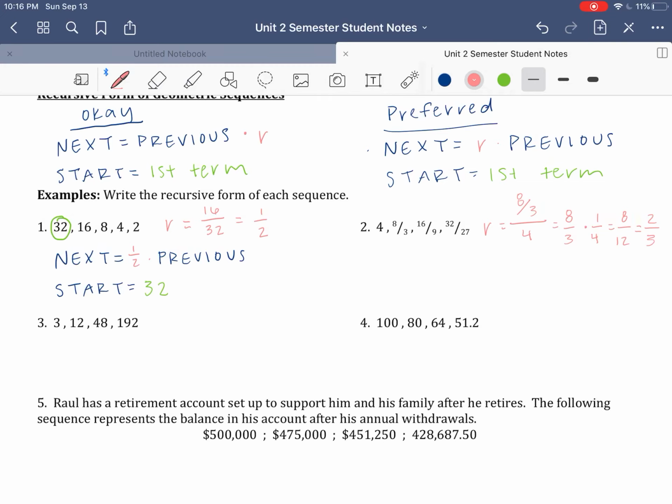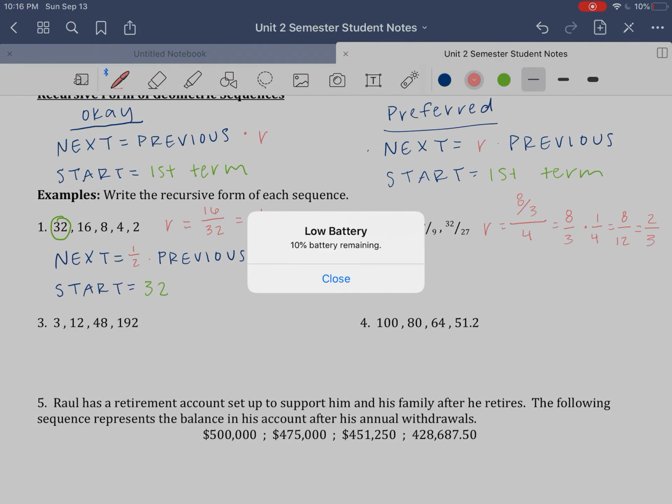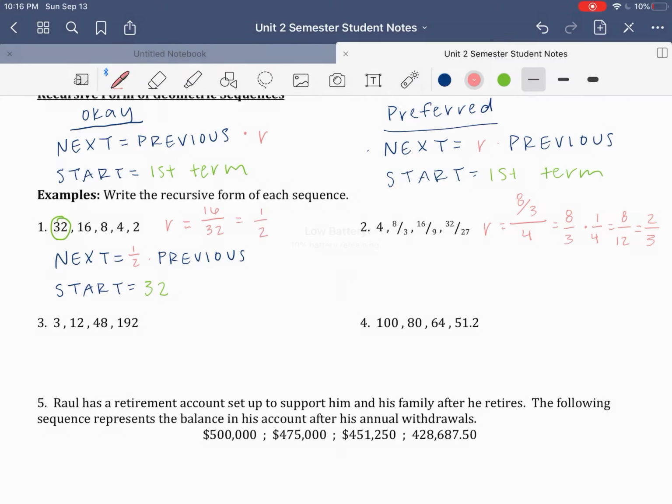So if you're using a calculator and you get a decimal that does not end nicely, you would definitely want to use the fraction version so that your pattern is as precise as possible. So when we write this, we say next equals 2/3 times the previous number.